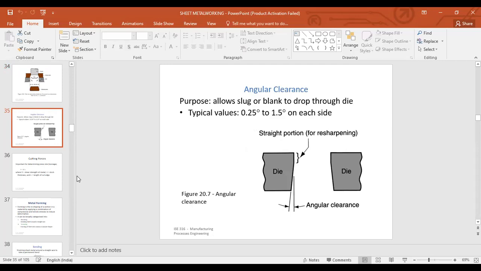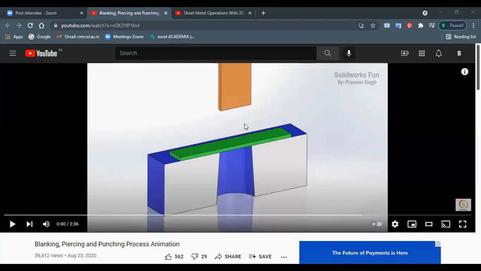So let us have a look at a video and animation so that we can understand blanking. Let us have a look at this process, how blanking, piercing, and punching work. It's just that the output that is desired changes, and therefore we name it a certain way.